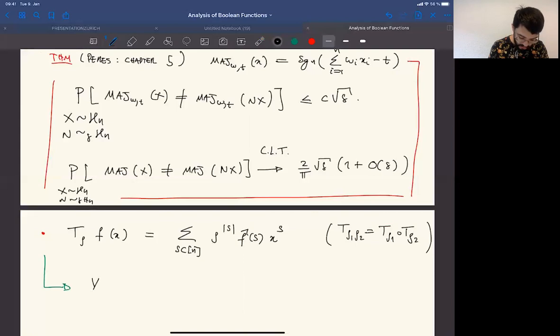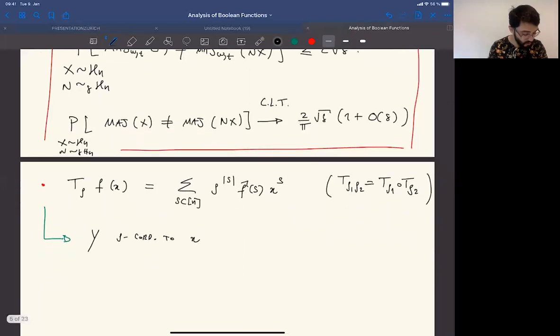And so say that y is rho correlated to x. You fix a point x and you say that y is rho correlated to x if the probability of y_i being x_i is this, with a minus here.